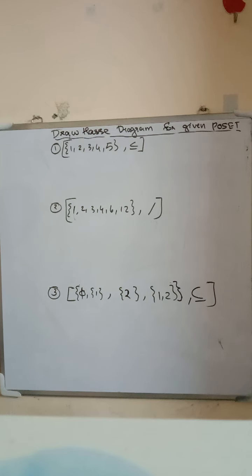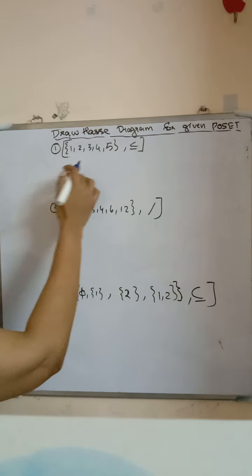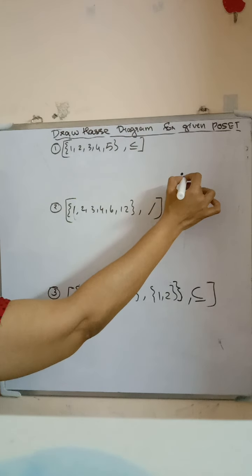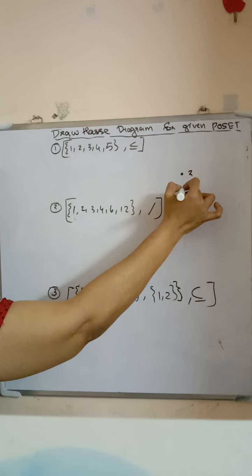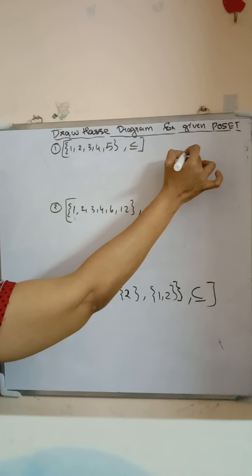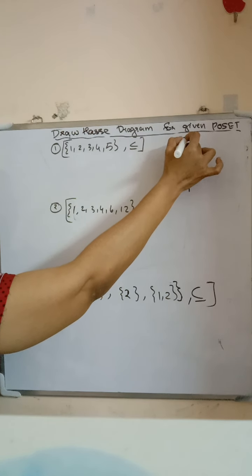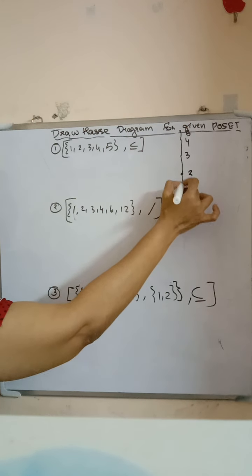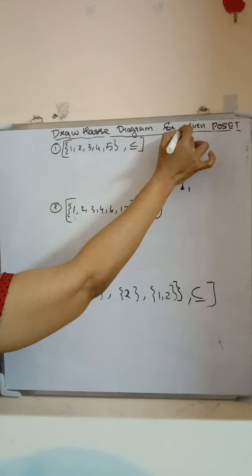How can we show this relation using a Hasse diagram? If we start from 1 less than or equal to 2, and 2 less than or equal to 3, and 3 less than or equal to 4, and 4 less than or equal to 5, this shows the Hasse diagram.